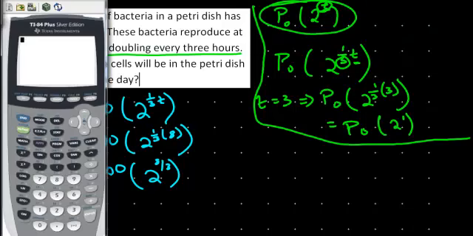Let's break the calculator out: 700 times 2 raised to the 8/3.